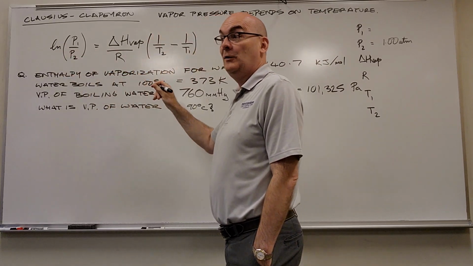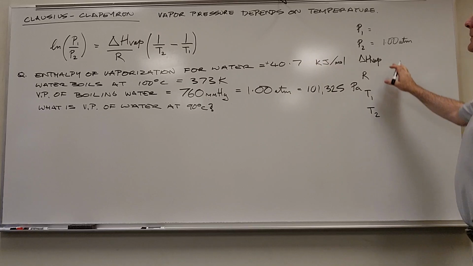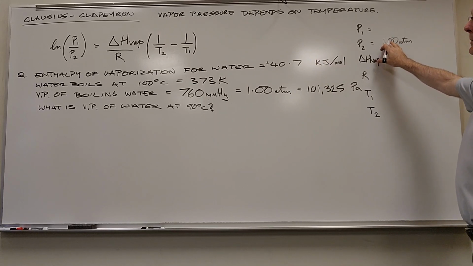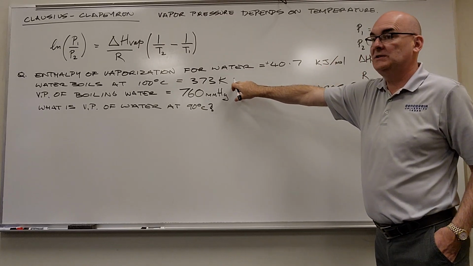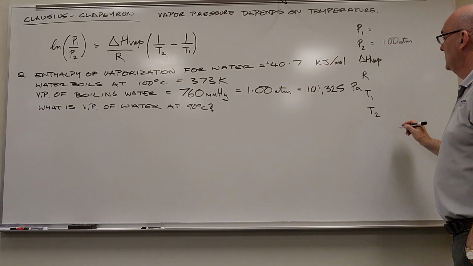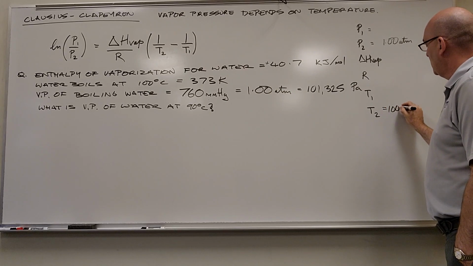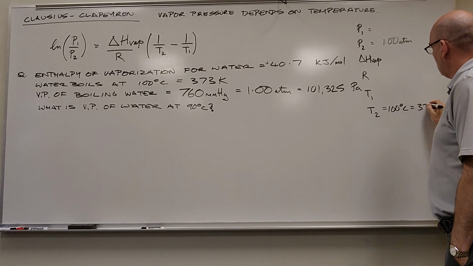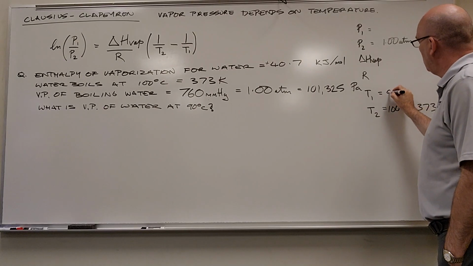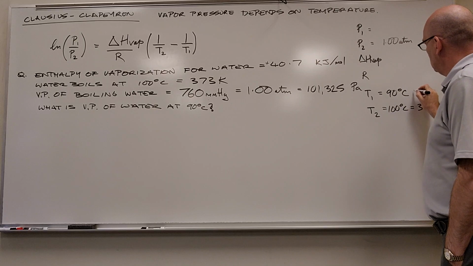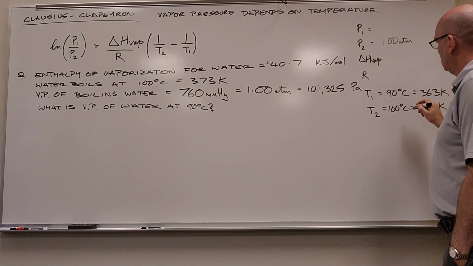So I've laid it out, and I'm figuring out, where do I put my numbers? I'm going to make P2 be the vapor pressure at my 373, which means T2 is 100 degrees Celsius, which is 373 Kelvin, which means T1 gets to be the 90 degrees Celsius, which is 363 Kelvin.